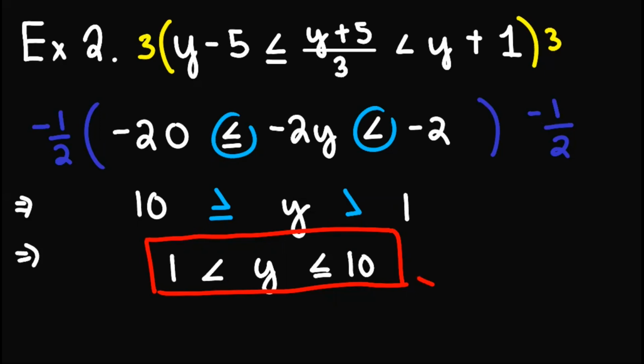Or in interval notation, we write this as 1 and 10 with 10 included. So it's a square bracket. So that is how we solve inequalities that are chained. Or we have two inequalities here, so we say that it's chained.